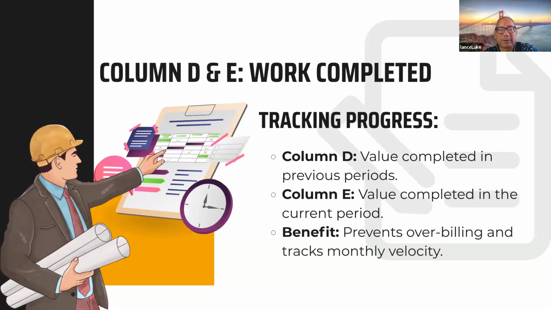So let's take the concrete slab foundation at $50,000. One month was billed $40,000, and another month was billed $10,000. So column D would show $50,000, which is the total amount. The next month, if that line item shows $5,000 being billed, then the question is, wait a minute, you already got paid in full for the concrete slab.